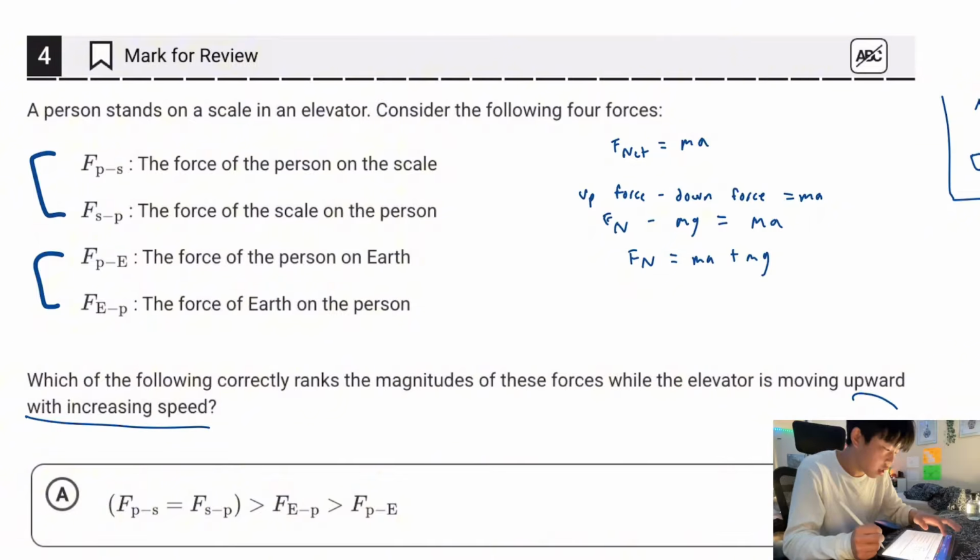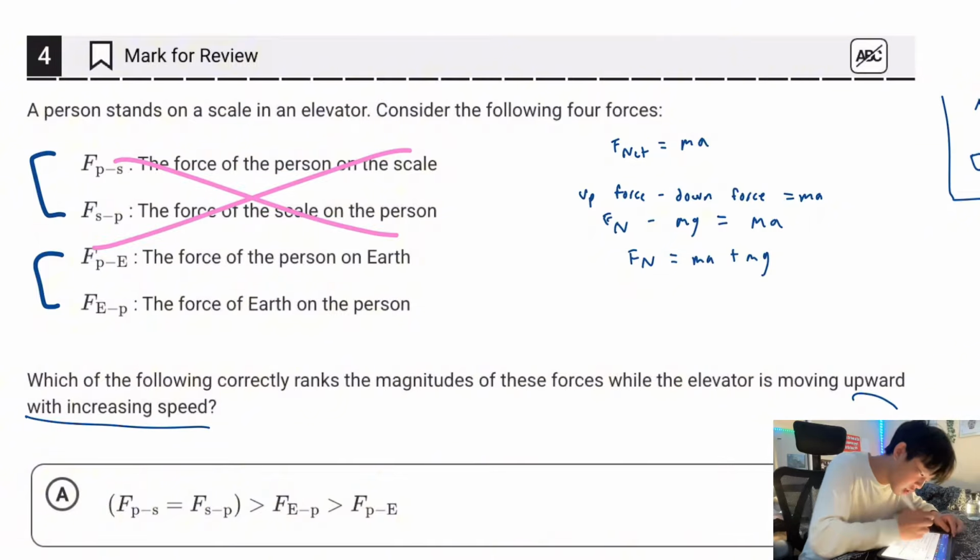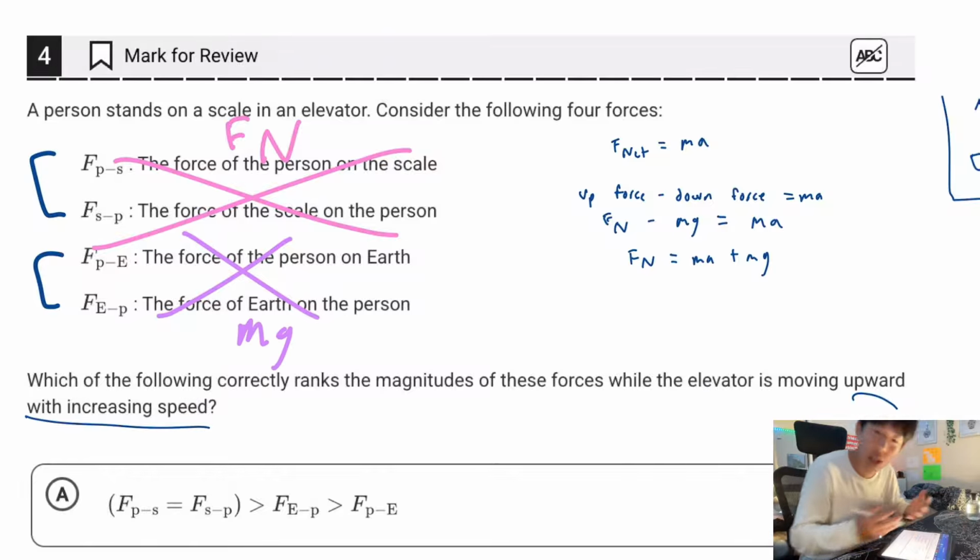And I should have done this in the beginning of the question, but all this mumbo jumbo, you can replace this with Fn, and you can replace this with mg. That's basically how you say force of earth on the person. Bro, that's just another way of saying your weight. Why are they overcomplicating this stuff? Force of the scale on the person, that's just another way to say normal force.